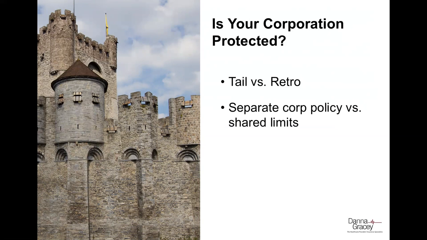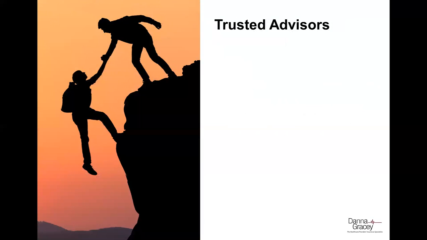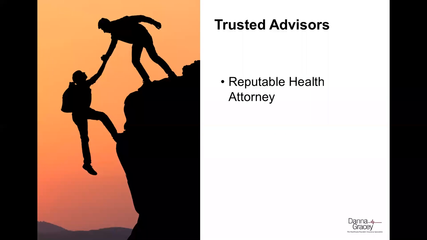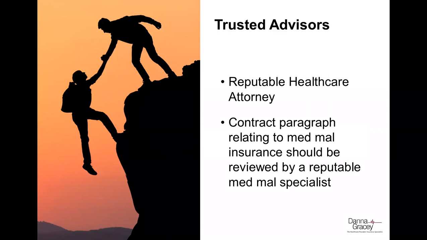So you just have to make sure that, again, the coverage is adequate. And it really comes down to the next slide, and the next recommendation is, make sure you have a reputable healthcare attorney, and make sure that you have a med-mal insurance expert really help you with your contract language to get this right.